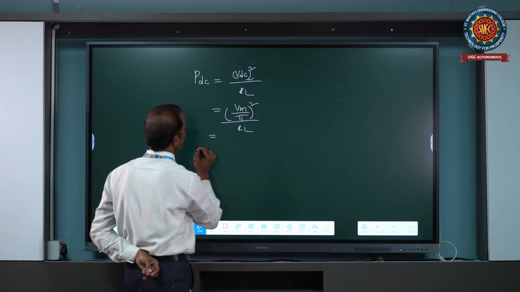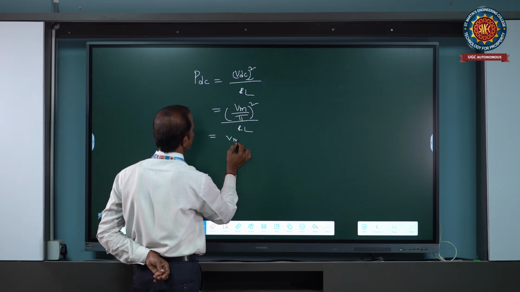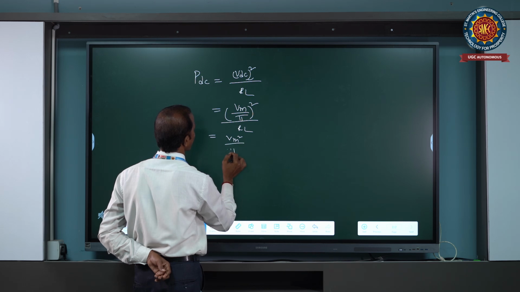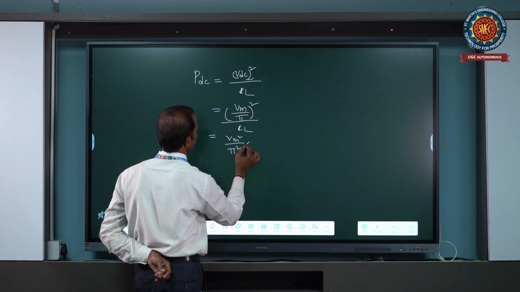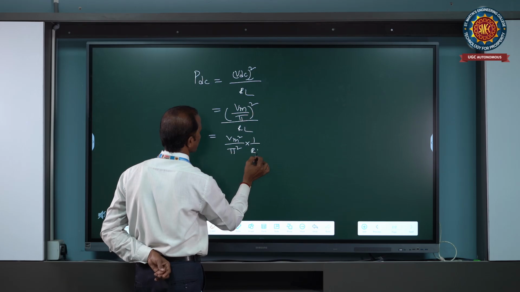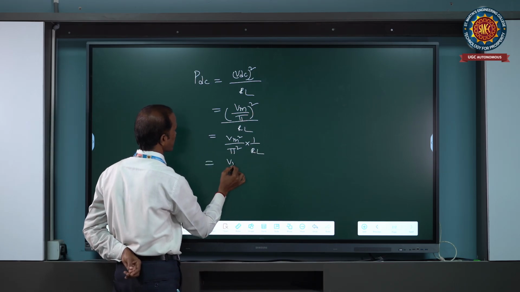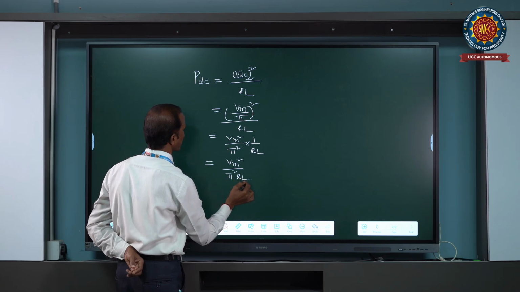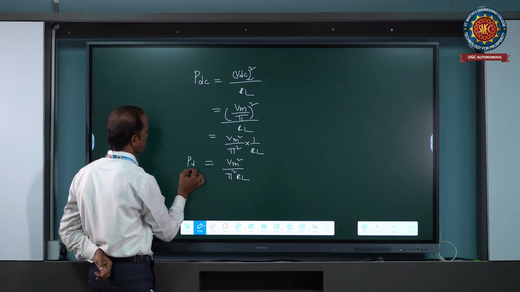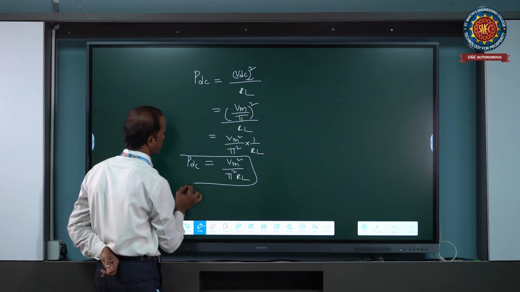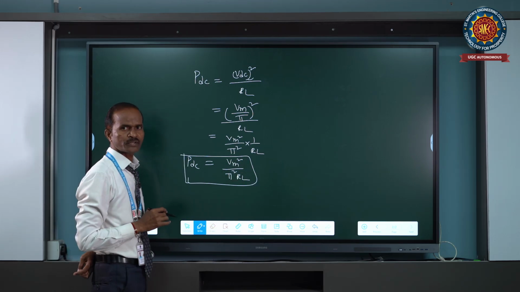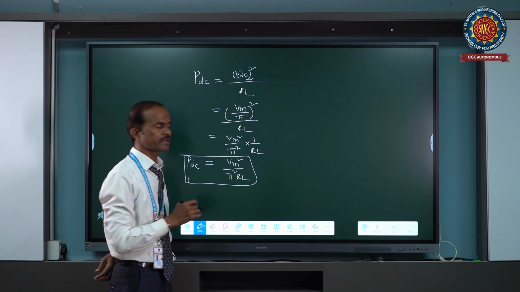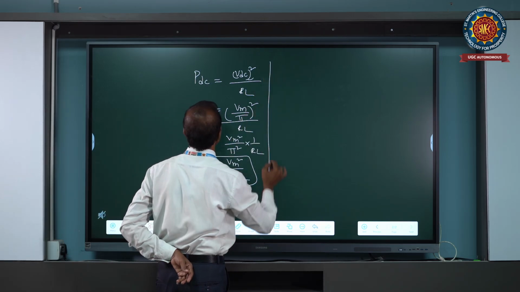We can write it as Vm square by pi square into 1 by RL, which is nothing but Vm square by pi square RL. So this is the DC output power. Now we are going to find the AC output power here, PAC.